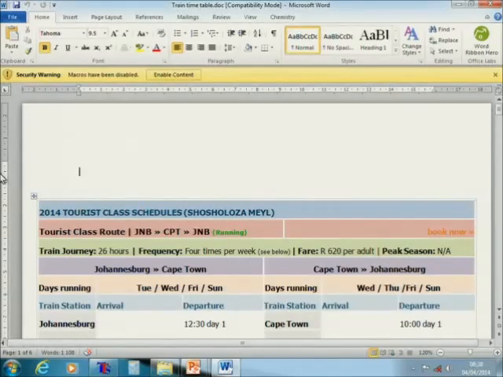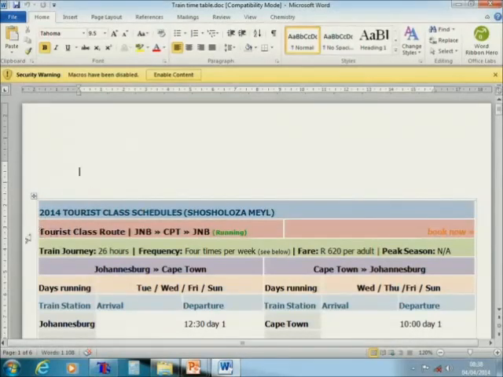We have to interpret whatever we have in order to understand what we are talking about. Let's look at this timetable. It says it is mainly for what? For tourists. This is a timetable for 2014, a schedule for tourists.